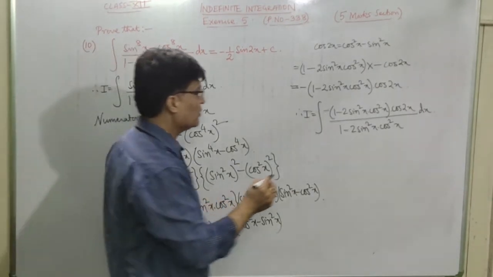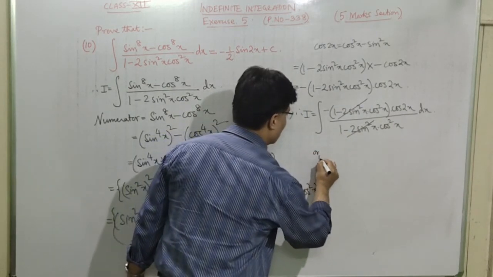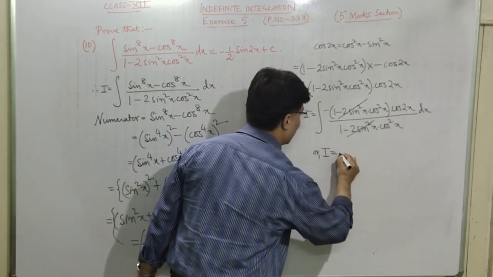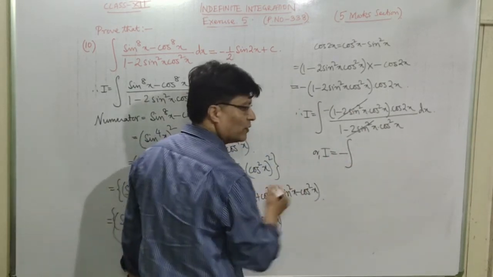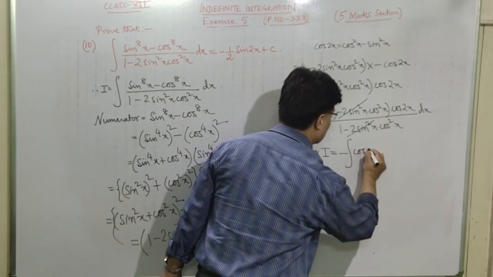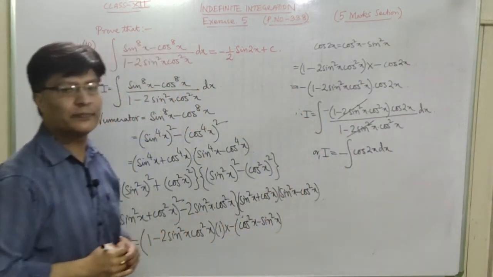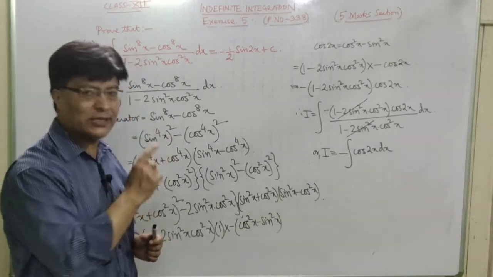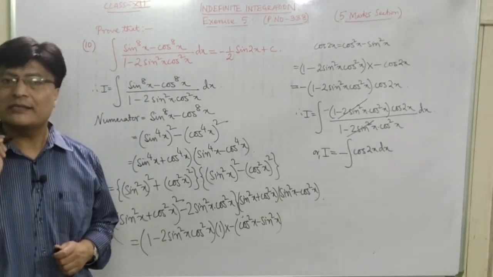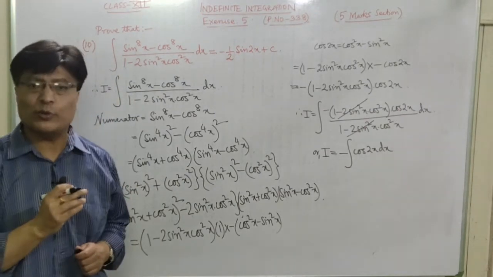Okay, so here you can cancel these two similar terms. Or I is equal to, here minus is taken outside, then integration of cos 2x dx. Is that understood? Now minus, what is the integration of cos 2x? Sin 2x by 2, or differentiation of which function is cos 2x?